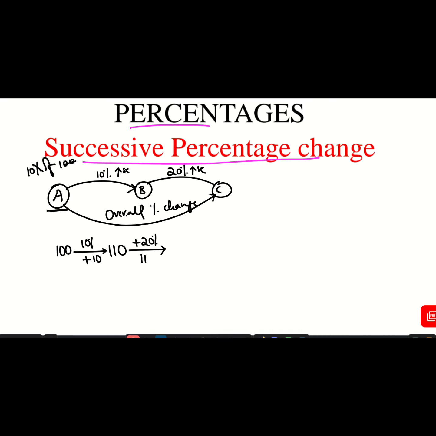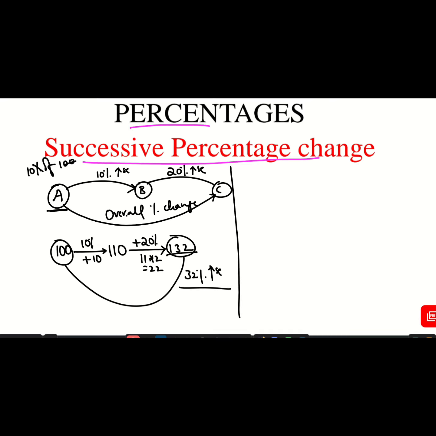We are getting 11 into 2, equal to 22. 110 plus 22 equal to 132. Initial value is 100, final value will be equal to 132. It is more than 100, so 32 percentage is increase.